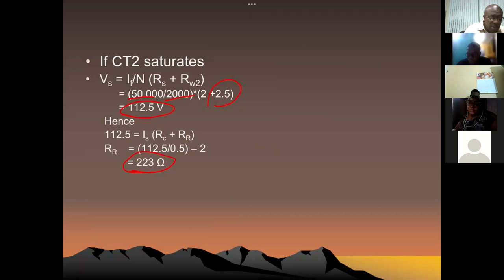But of course, this is what would make it equal to Vs. But if it was greater than Vs, so if you put in a resistance based on the nominal current that is required to operate the relay, if you put in a resistance which is greater than 223, then it means that, let's call that V relay, would now be greater than Vs. And Vs is what is going to be produced as a result of the through fault.